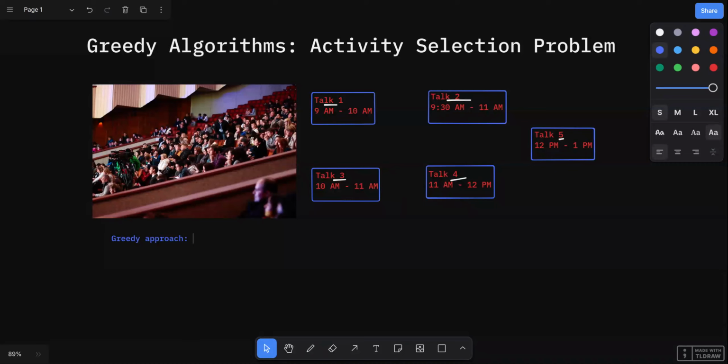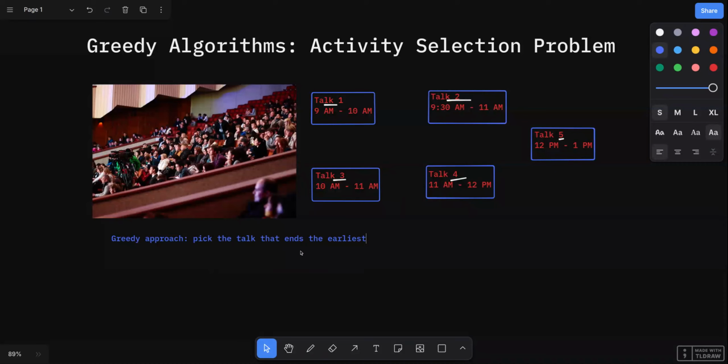The greedy approach is to always pick the talk that ends the earliest. This way, you have enough room for any of the future talks that we want to attend.